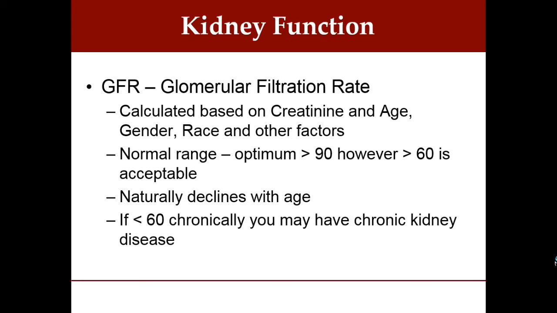And there's various stages of where this is considered normal. The optimal range is to have this number greater than 90. However, greater than 60 is generally considered acceptable. And as clinicians, we don't get overly worried until a patient's GFR is less than 60 in most instances.